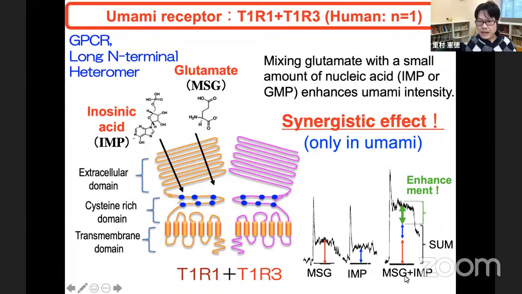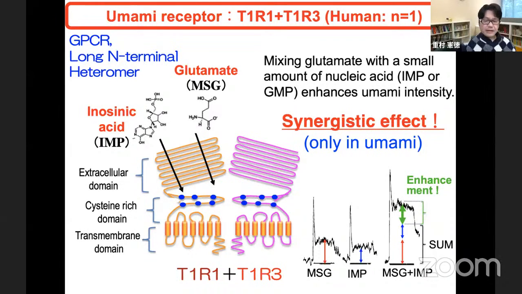And this is the MSG plus IMP mixture. So as you can see here, a larger response was observed in the mixture than in the sum of MSG alone and IMP alone. Such a synergistic effect is observed only in umami taste quality, but not in other taste qualities.